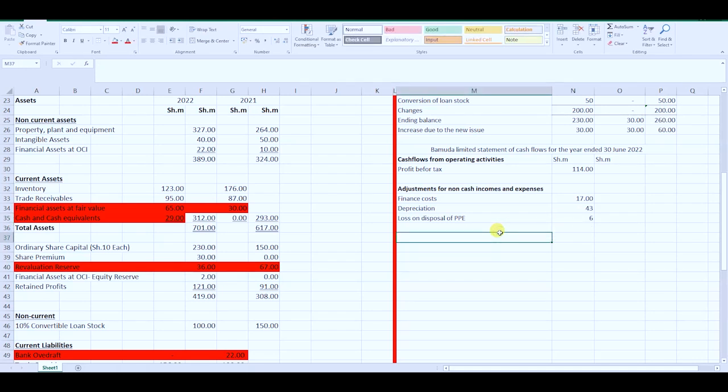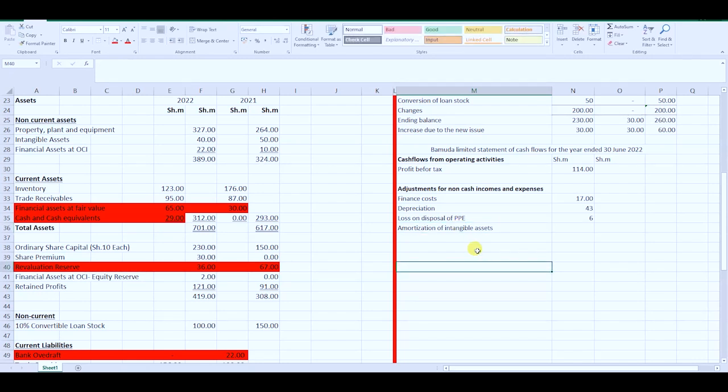Then we proceed on to assess the amortization of intangible assets.